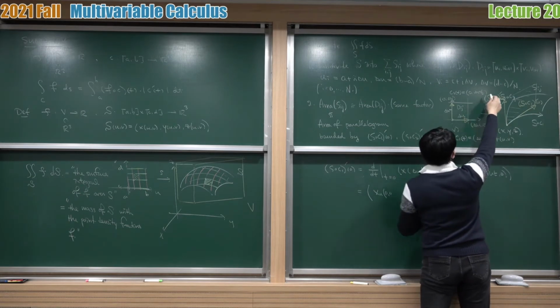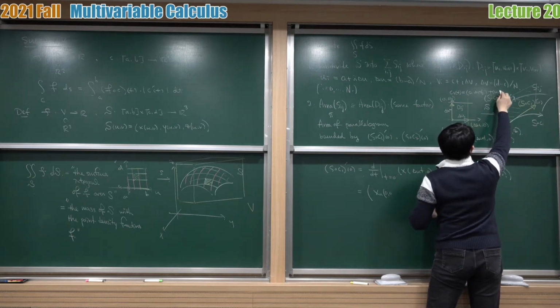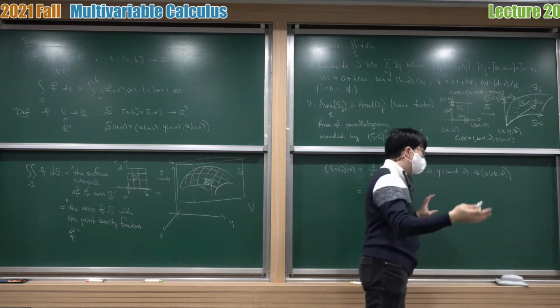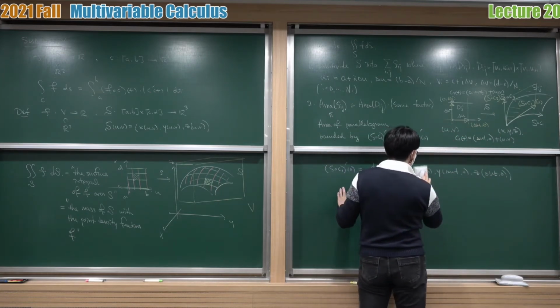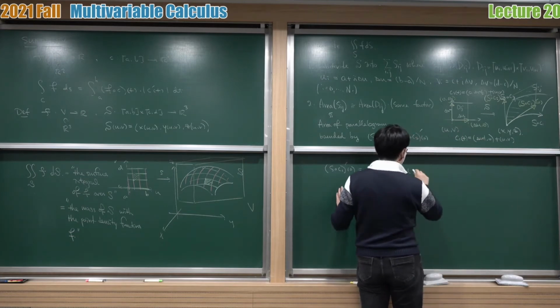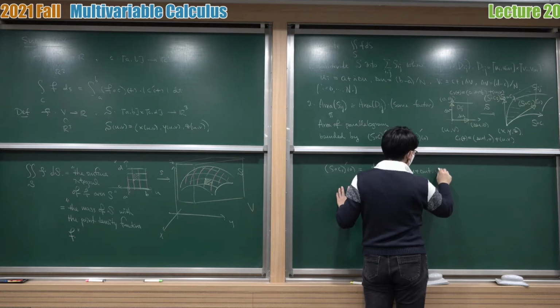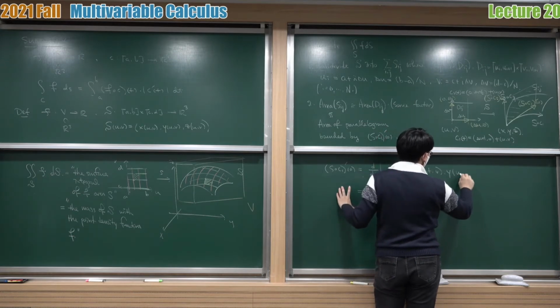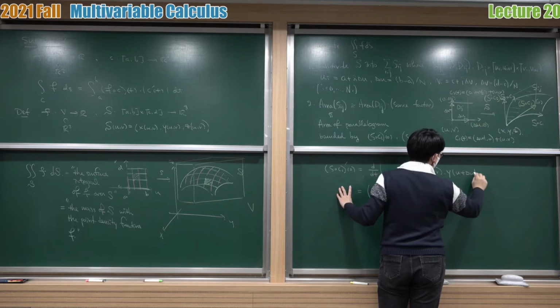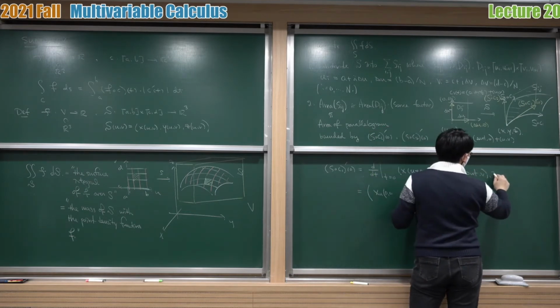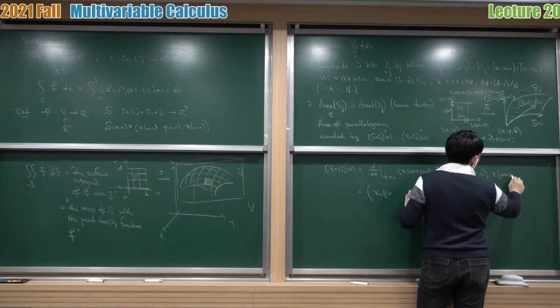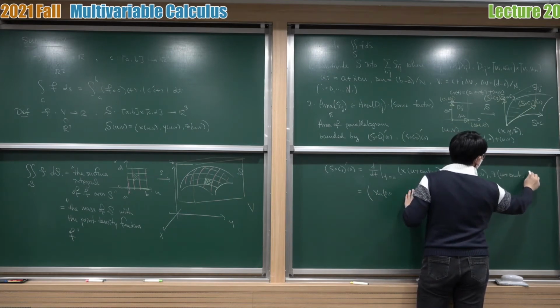As a curve, I need to specify the starting point. So when t equals 0, let me write it again: x of u plus delta u t, v, and y of u plus delta u t, v. The uv is constant here.